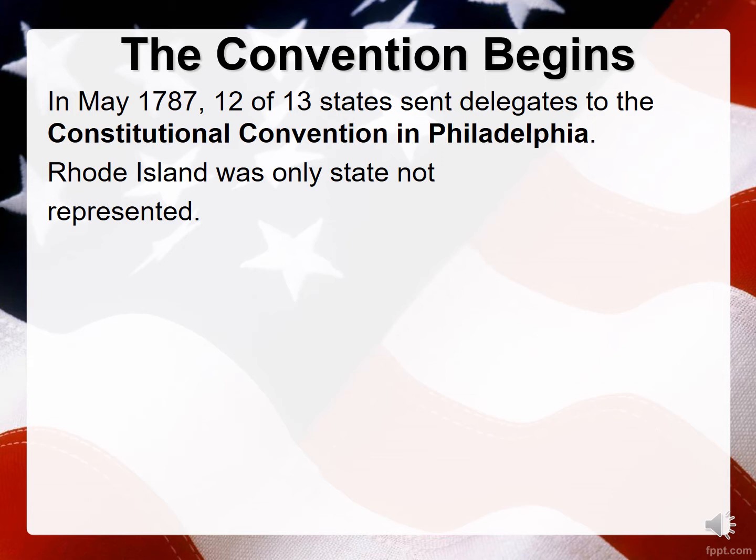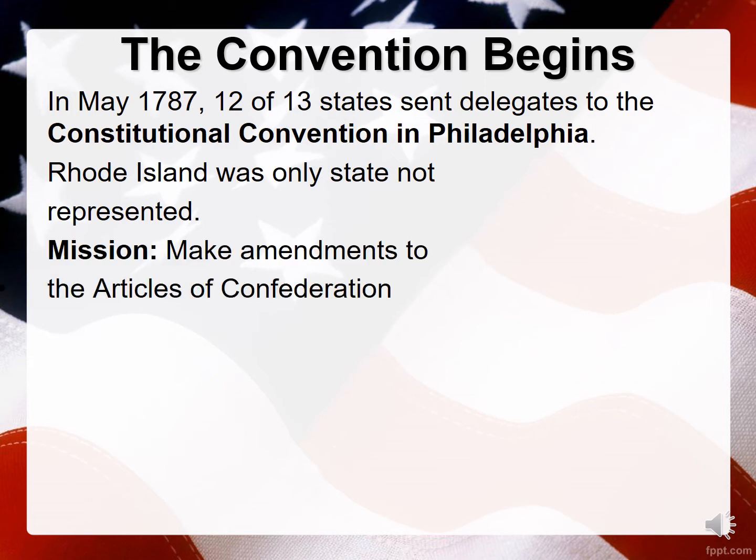They were afraid that this new government might hinder or restrict their freedoms, their civil liberties, their state power, their state rights. And so they were a little concerned, and so they did not send a representative to the Constitutional Convention.